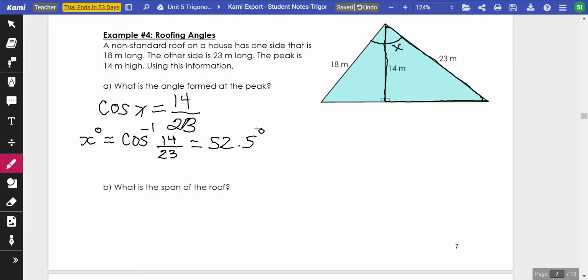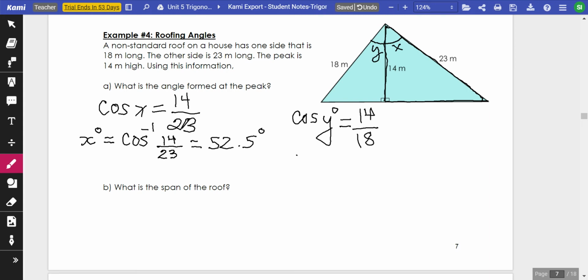Okay, the next one is the left side triangle, and I'll call this angle here y. And again, we've got the common side here is 14 and the hypotenuse. And so this is again cosine of y is equal to, and in this case, adjacent over hypotenuse is 18.